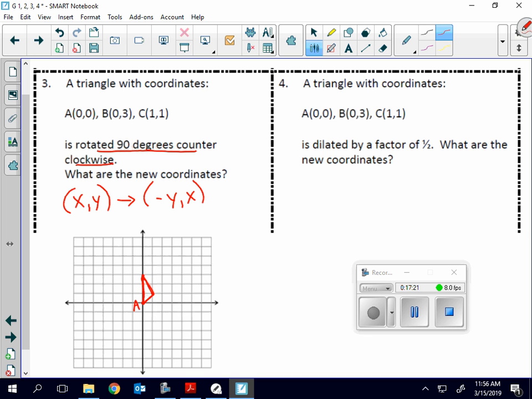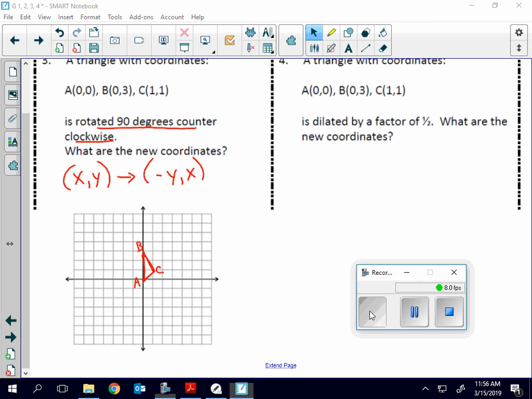This is A, B, and C. Okay, and what you're going to do now is do what it says, rotate it 90 degrees counterclockwise. And when I rotate mine, don't write your y and x on your graph, okay? Because when you rotate it, it's going to be different. I put it on the paper, not on my graph itself.